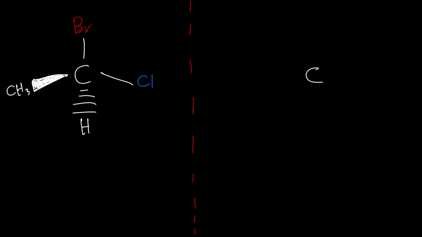As you can see, we have on the left side a methyl coming out of the page. So you would switch that to the right side, and you can see you have a chlorine just straight. We have a bromine going up, so you'd keep the same up direction, and we have a hydrogen going into the page on the bottom.